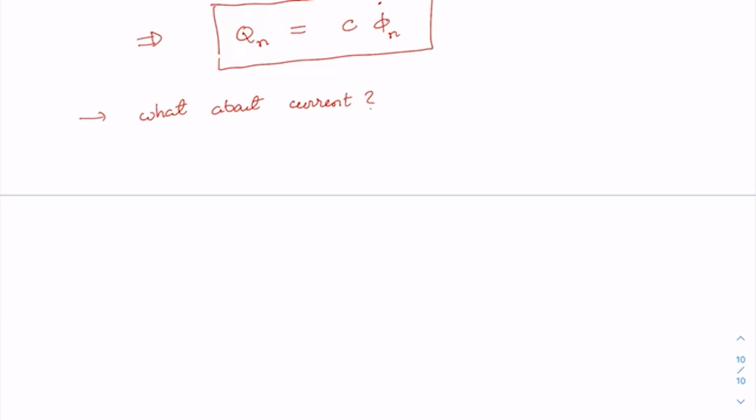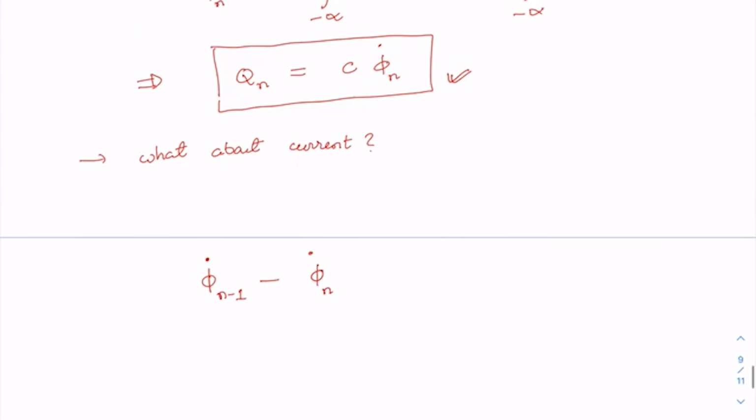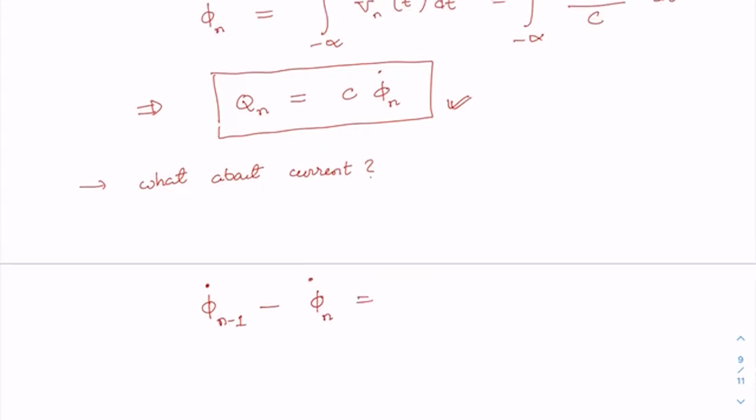So what I mean to say is this: take the flux at the node n minus 1 and the flux at node n, and then take the time derivative. If I do that from this expression, you can easily see that I can write it as q n minus 1 minus q n, divided by C.